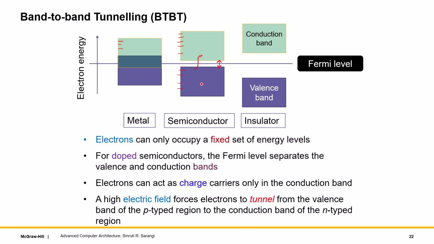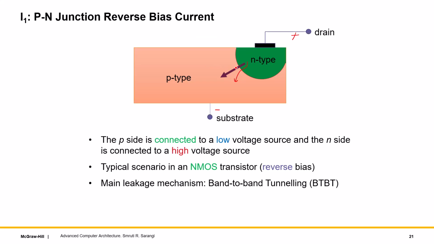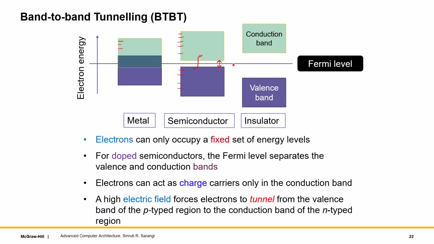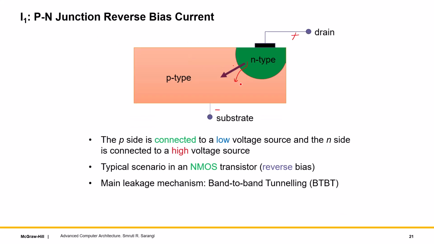So if I have a large electric field, then you can pull electrons from the valence band of the p-type region. Where is the p-type region? It's over here. And you can pull them up into the conduction band of the n-type region, which means that you can extract the electrons. Electrons flowing this way means current flowing this way.